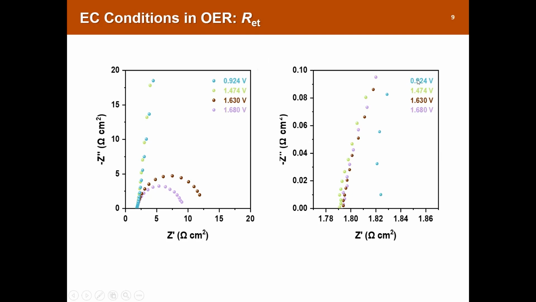So if you compare this 0.924 volt and all the other more positive potentials, this is the potential before and after that phase transformation from nickel hydroxide to oxyhydroxide, and we can actually see the RU value change as we increase the potential, because the electron transport resistance through the catalyst layer did decrease as it formed more conductive nickel oxyhydroxide.